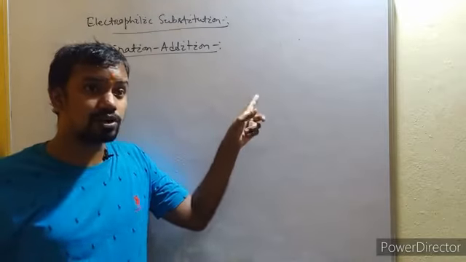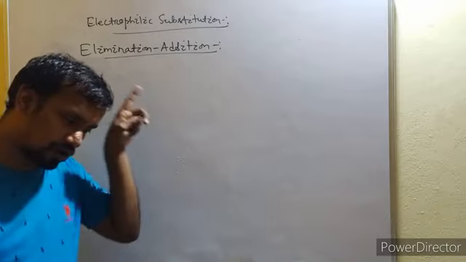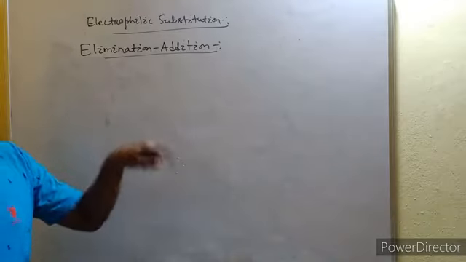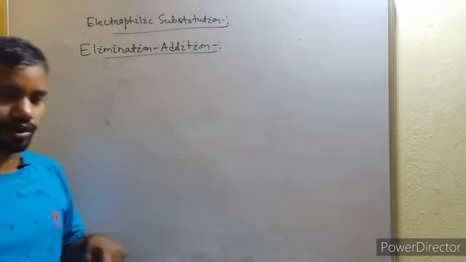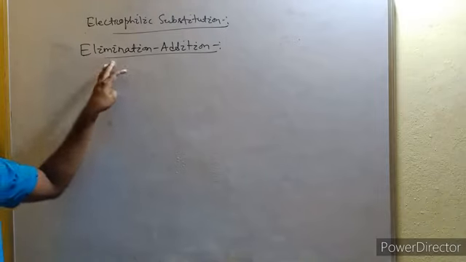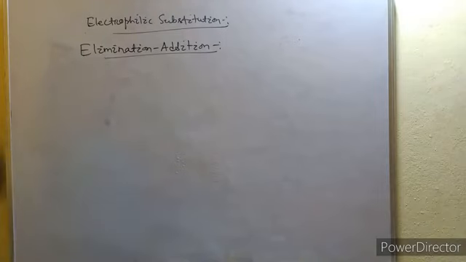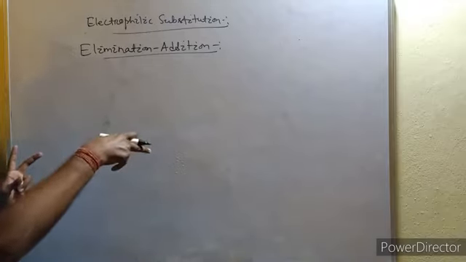One is hydroboration oxidation. We will be discussing it in alcohol. Both the reactions are in alcohol, so we will discuss them later. This will be the elimination addition reaction. You have to eliminate one thing and add another thing.